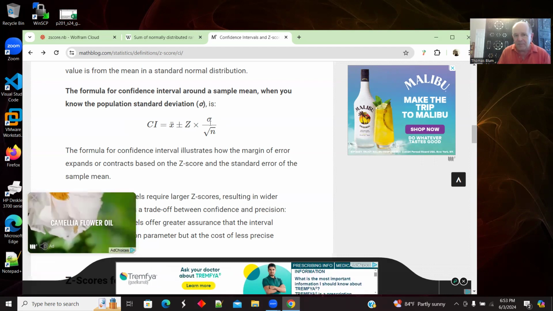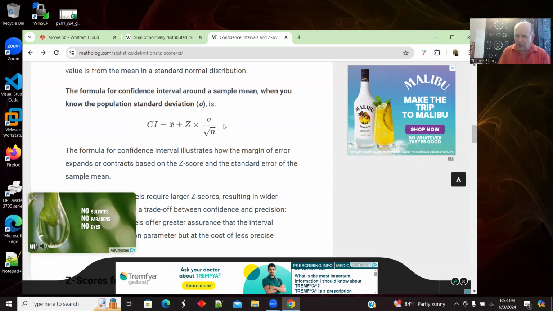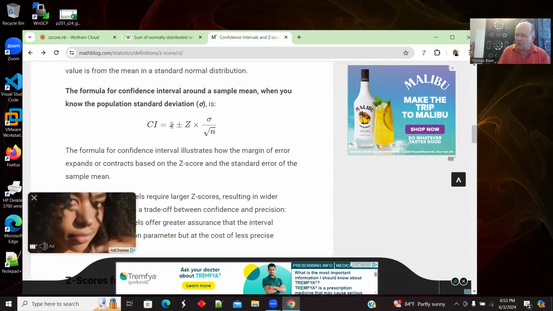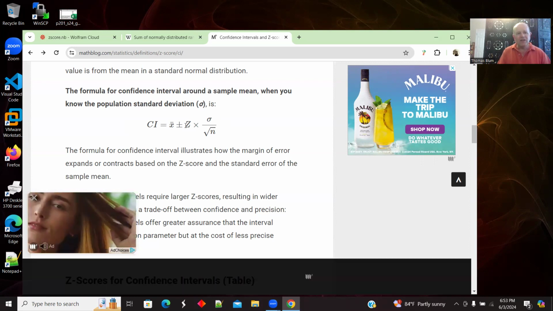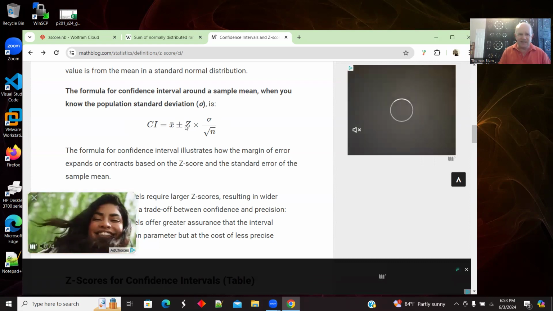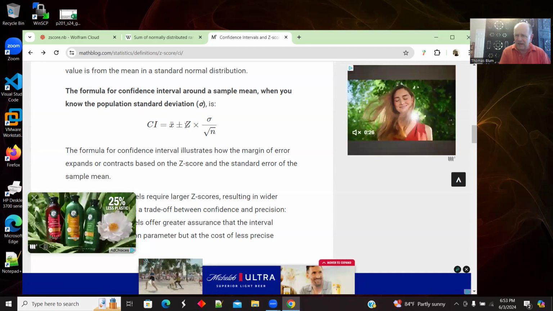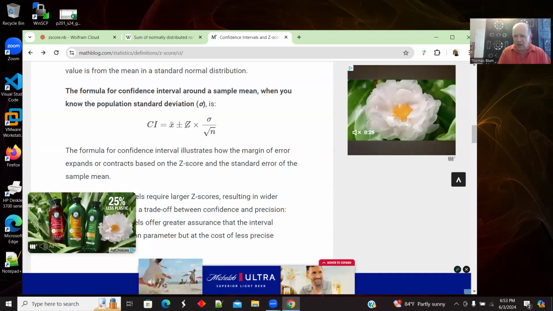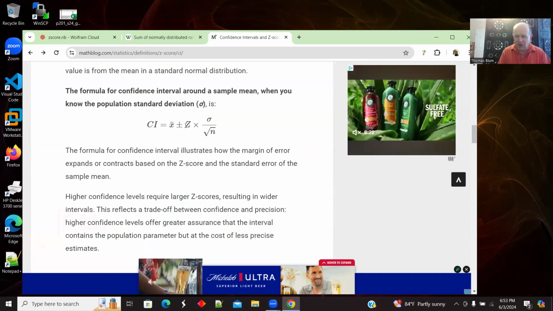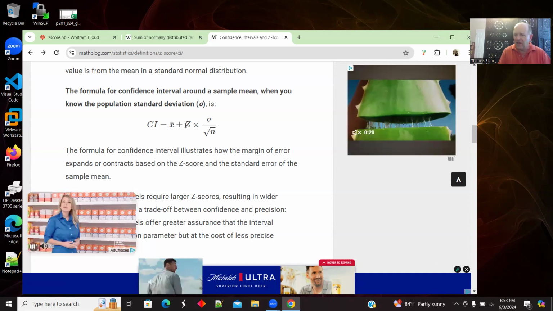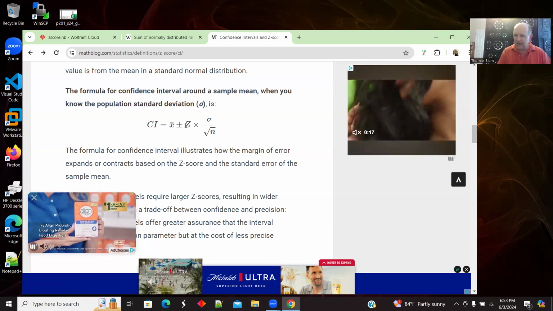So there's our sigma, there's our square root of n that we understand. This is the mean over the samples. And then we have this concept of the z, how far away from the mean in the original normal distribution you have to go to come up with the 95%.